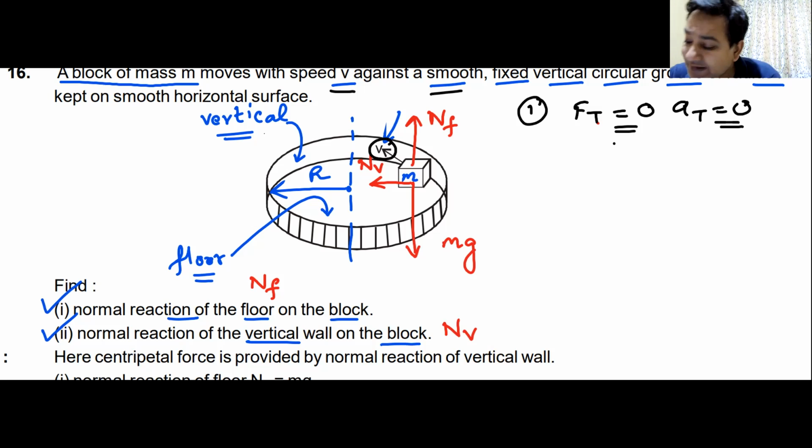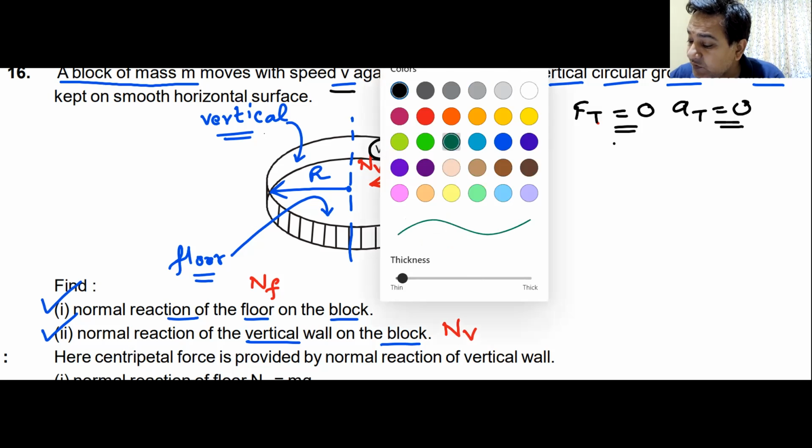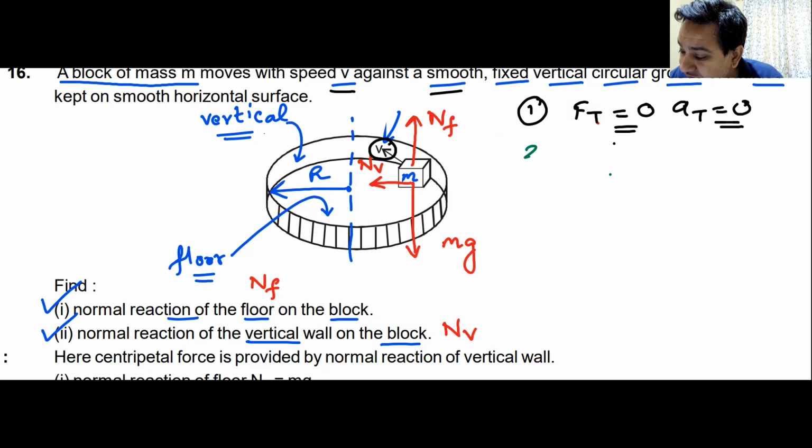That takes us to the second equation, and the second equation is always in which direction? It is always in the centripetal direction, or the radial direction, or towards the center. Now, if I look at this centripetal direction, we will get the value of centripetal force. Which force is giving you the centripetal force here? Which force is trying to make it move on a circular track?